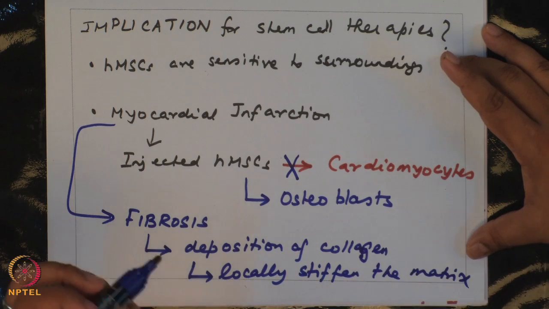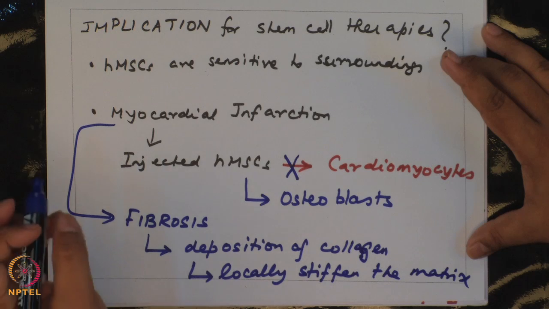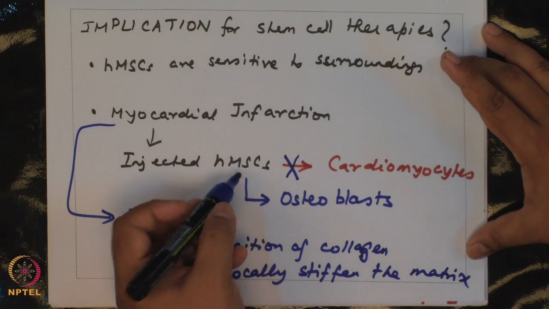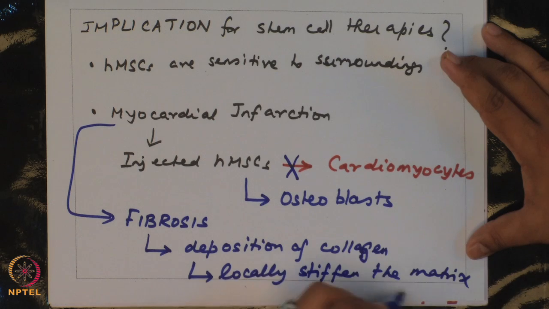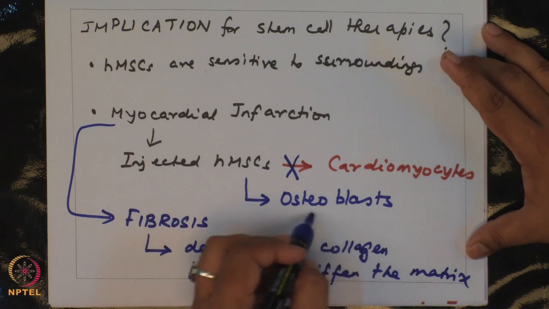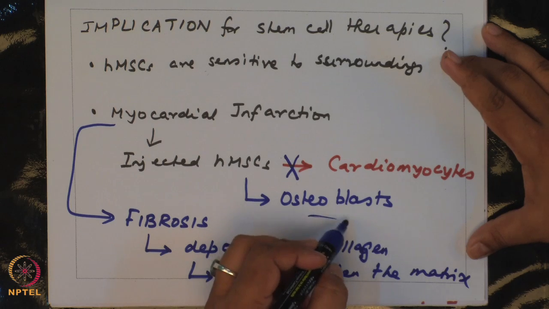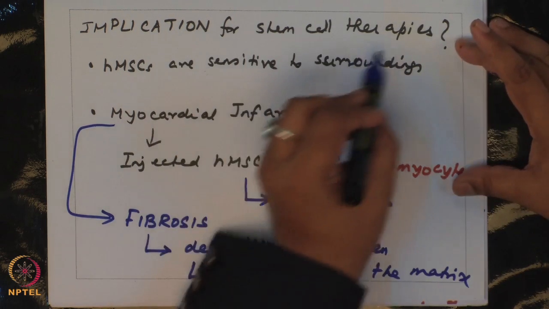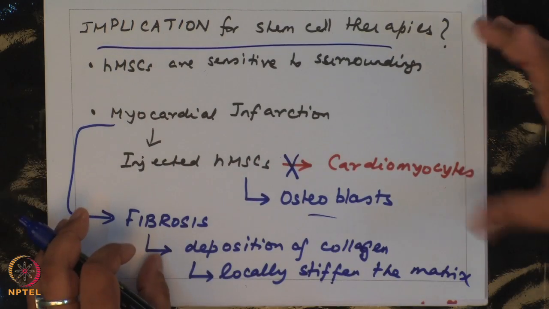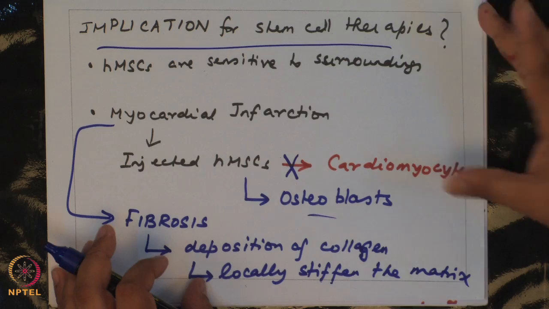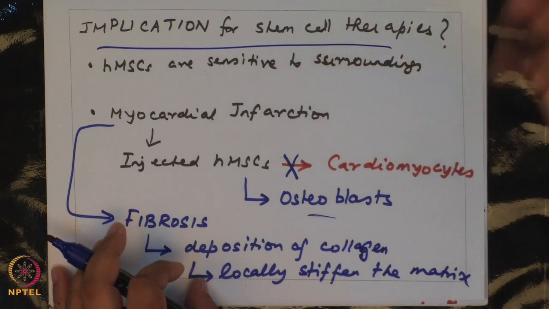Consistent with this study, HMSCs would think they are in a stiffer environment and differentiate into osteoblasts. So this is of key relevance. The implication for stem cell therapy is humongous. You cannot just inject stem cells anywhere and expect them to differentiate into the appropriate cell type that you want.